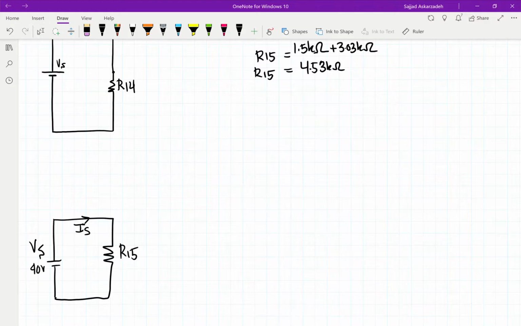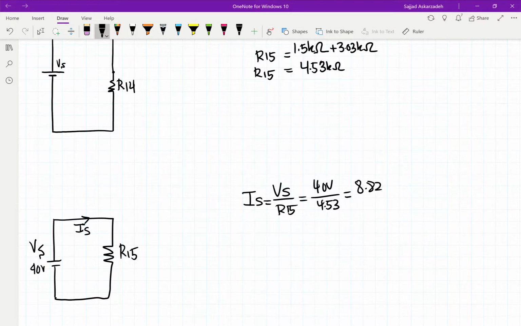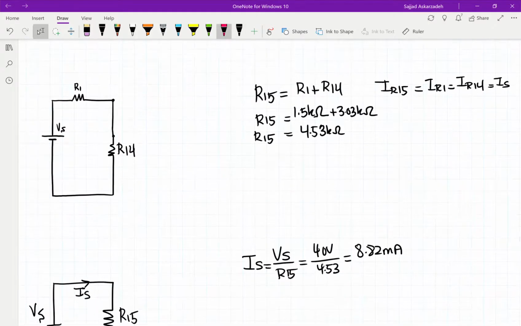IS is equal to VS divided by R15. VS is equal to 40, and R15 is found from the previous answer. That gives 8.82 milliamps. So now we're going to work our way backwards and find out what the current and voltage is for each resistor.